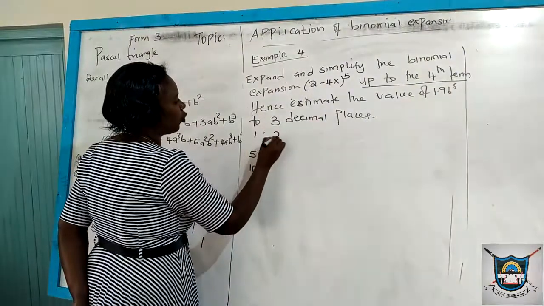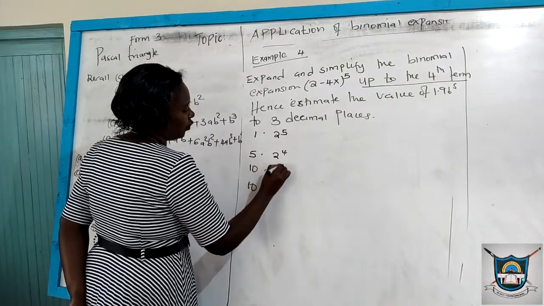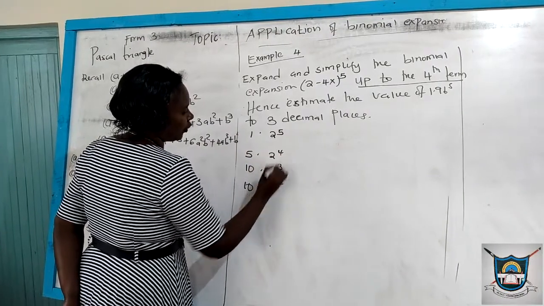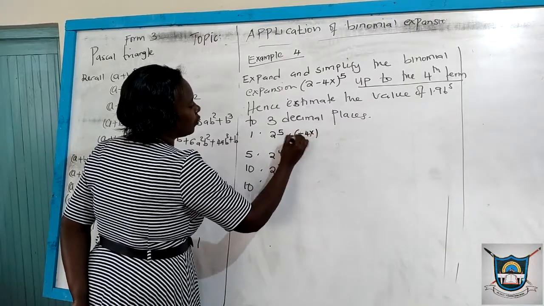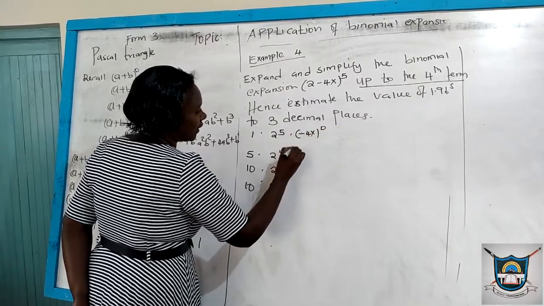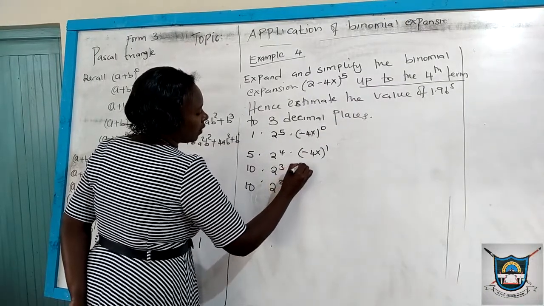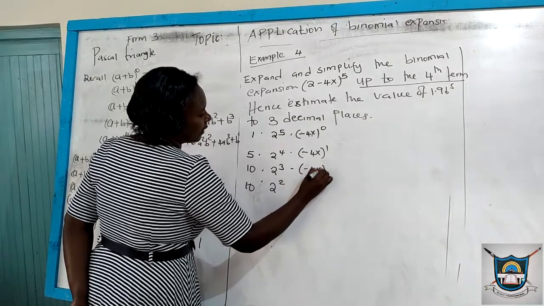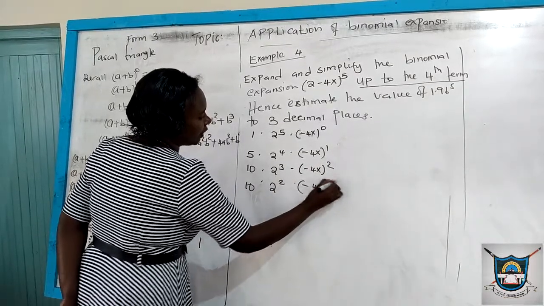We expand 2 to the power 5, 2 to the power 4, 2 to the power 3, 2 to the power 2. We have negative 4x. Remember to put that bracket, very, very important. Minus 4x to the power 1, minus 4x to the power 2, minus 4x to the power 3.